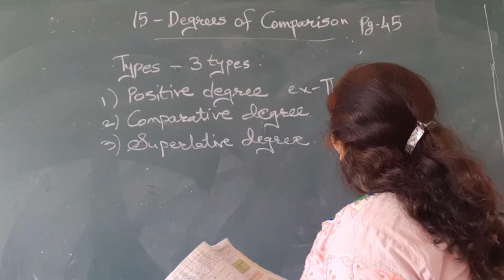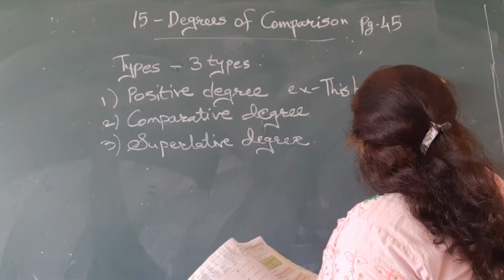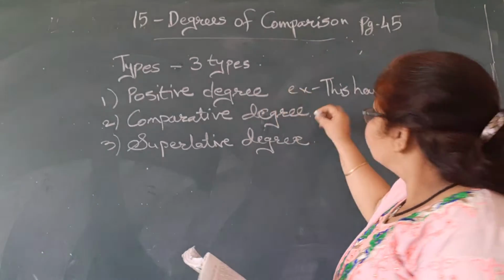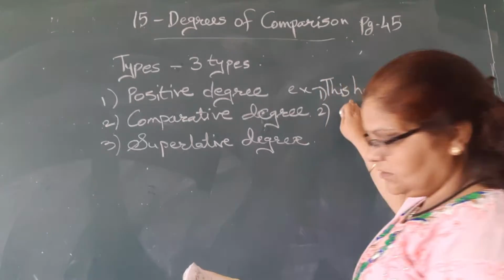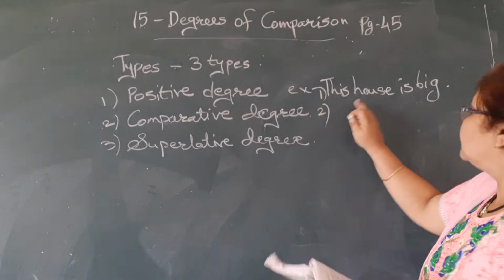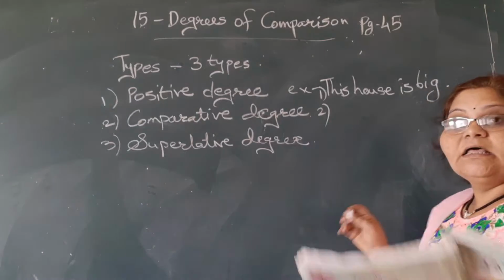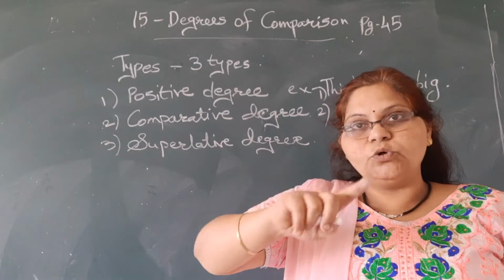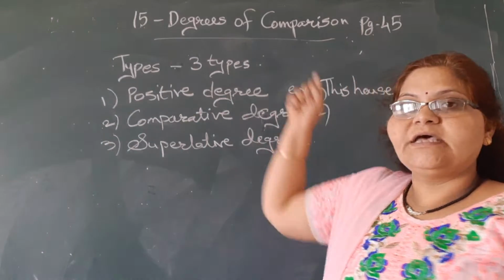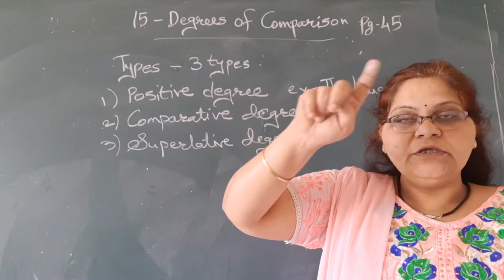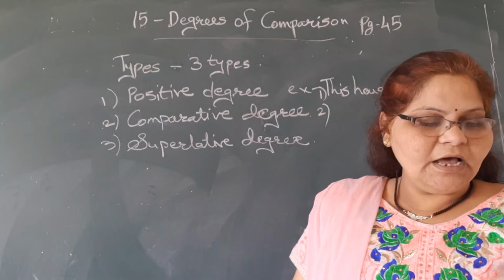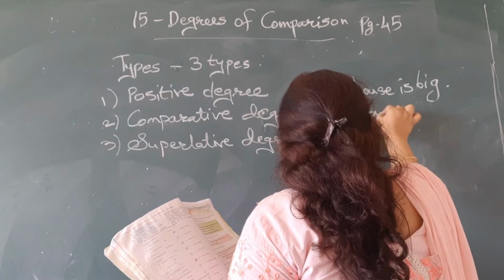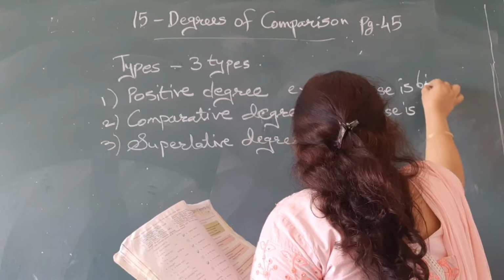This house is big. Okay, it was the example for positive. Next, see, the house is there. The house is as it is, but this house is bigger than that one. So a comparison between this house and that house. So here one thing is compared to another. So what you can say? This house is big.